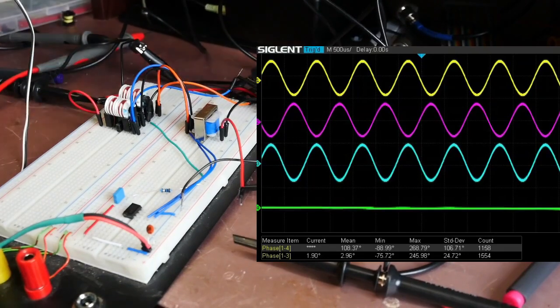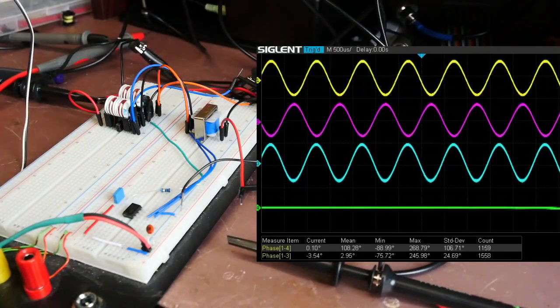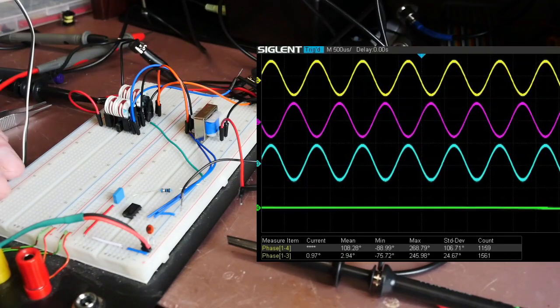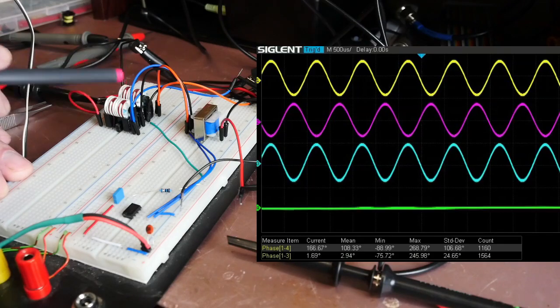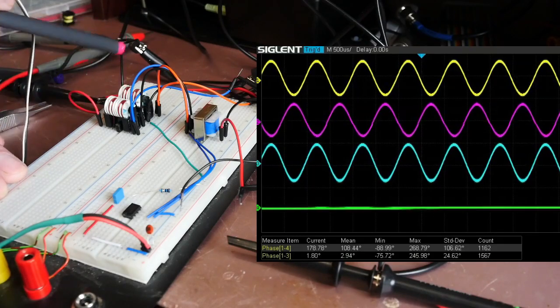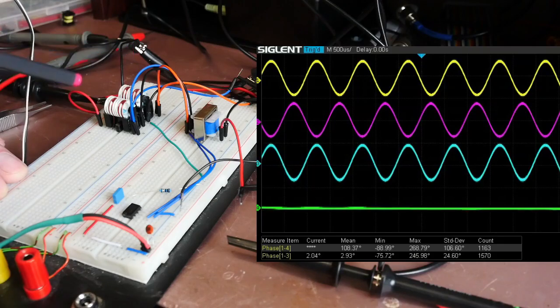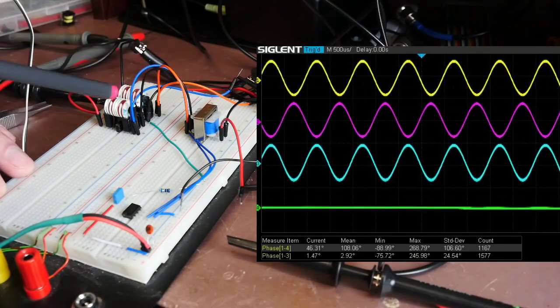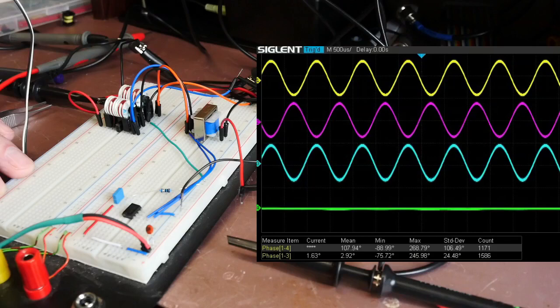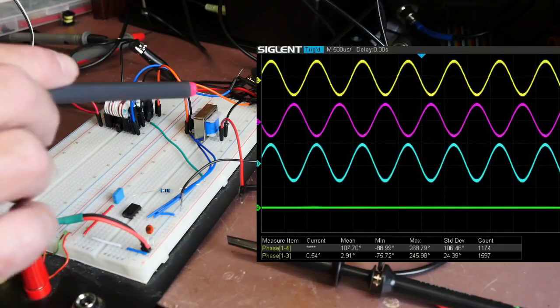Okay, here's the arrangement then for the final look at phase. So we've got a center tap transformer here being driven by the signal, which is the yellow trace. Either side of the center tap on that transformer, we've got the purple and the blue trace, which you can see, the blue trace is in phase with the input signal, but the purple trace is 180 degrees out.